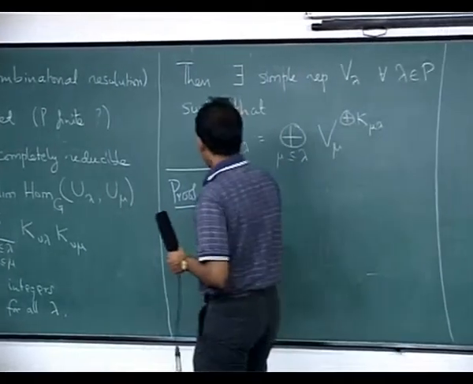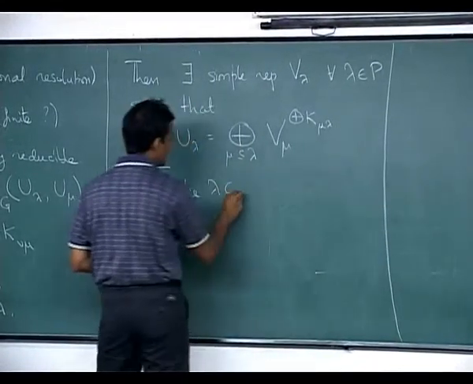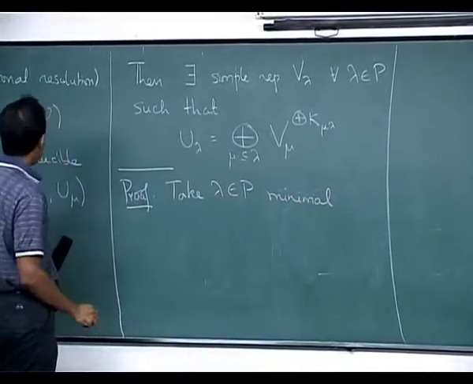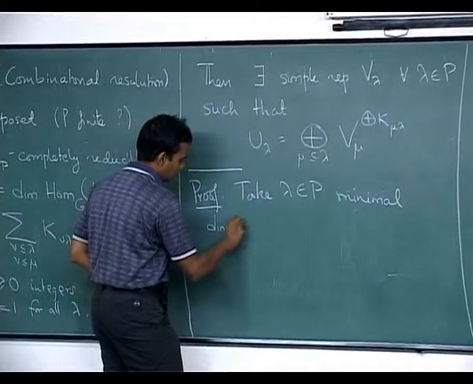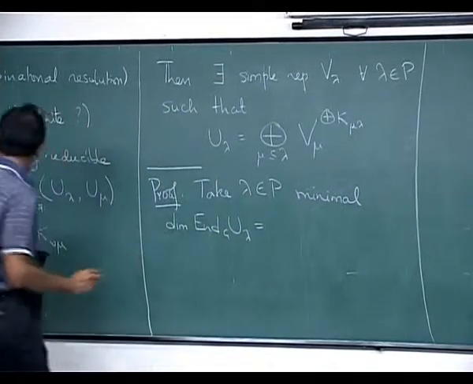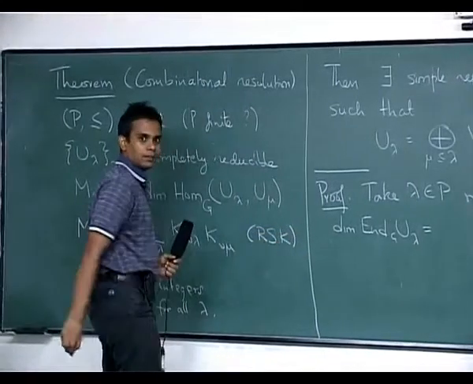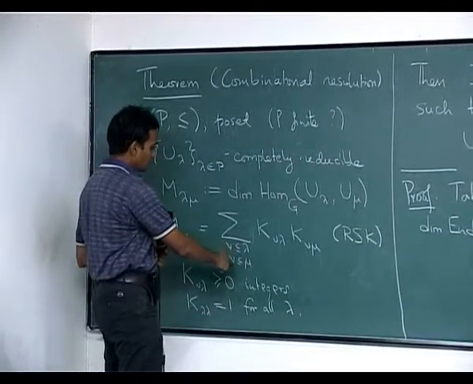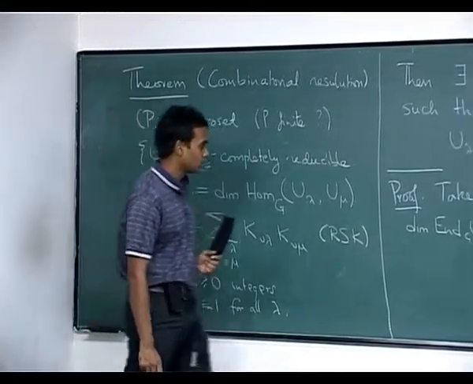Start with lambda minimal, then we know that the dimension of End u lambda is m lambda lambda, and by this equation, which I'll mysteriously call RSK, since lambda is minimal, this set is a singleton, the nu which are less than or equal to lambda and the nu which are less than or equal to mu.